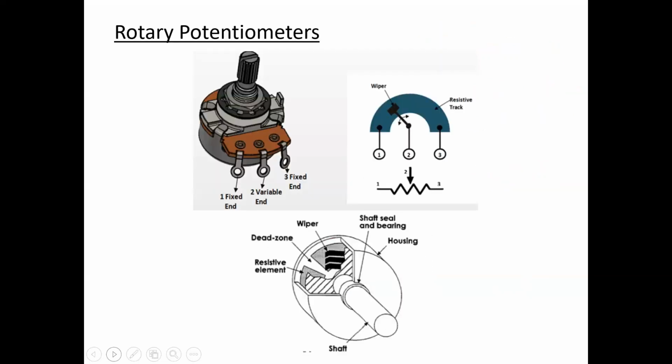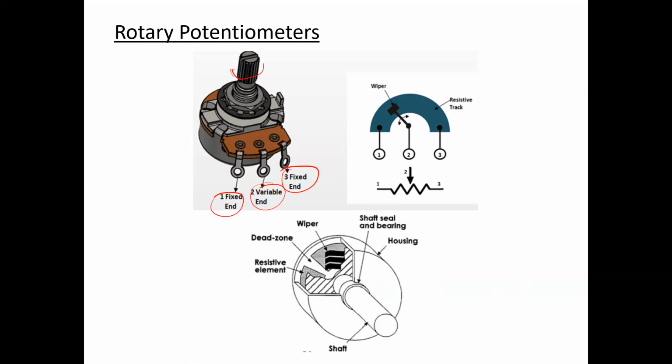Now, rotary potentiometers. You also are quite familiar with rotary potentiometers. You have often used this in your different labs. You know that there are 3 terminals. Among the 3 terminals, 2 terminals are fixed, and the other terminal is the variable end, which is coupled with the variable knob. The rotary potentiometers can often be used to measure rotational displacement.